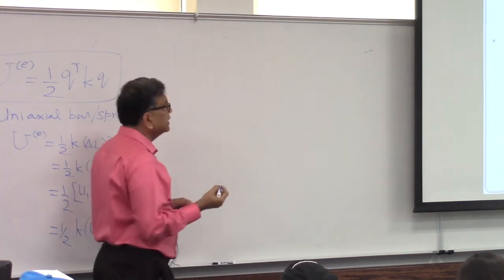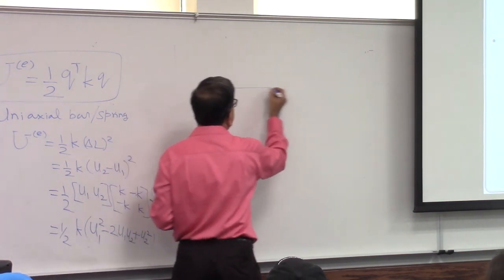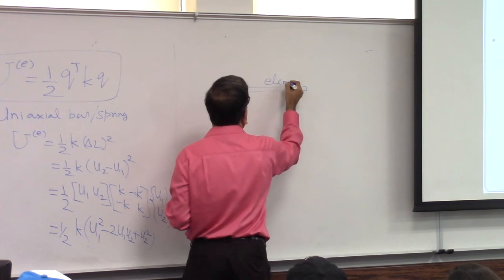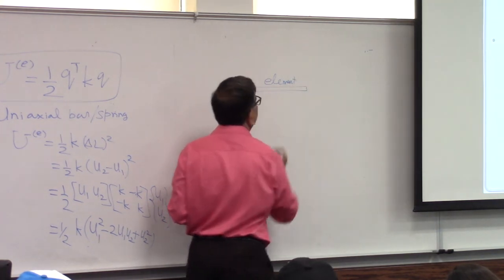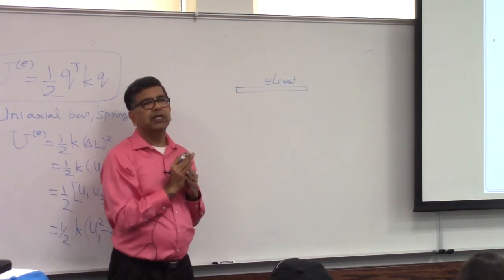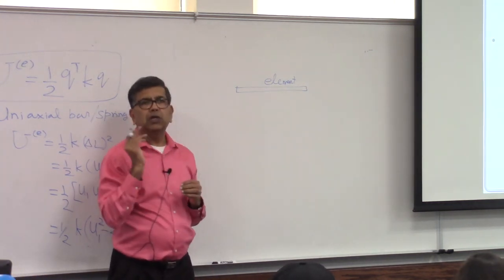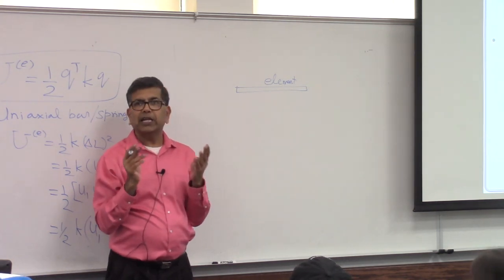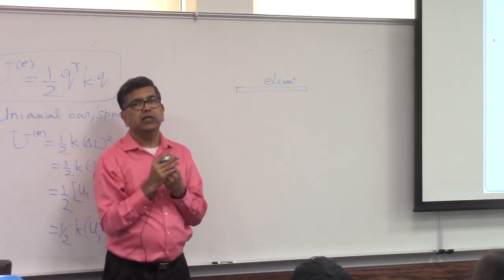If you apply Castigliano's theorem, if you take any typical element E, if you draw a free body diagram, if you cut it and take it out of the whole structure, you have to show all the forces acting on the element.